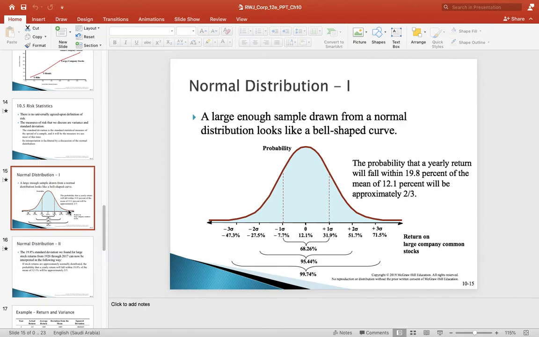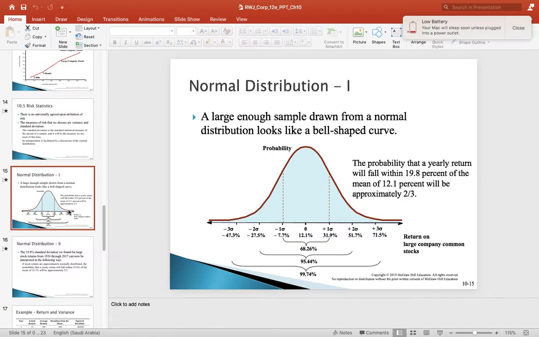Now 12.1 plus 19.8 is equal to how much? It is equal to 31.9%. You see, plus 1 standard deviation is equal to 31.9%. It can also go minus.